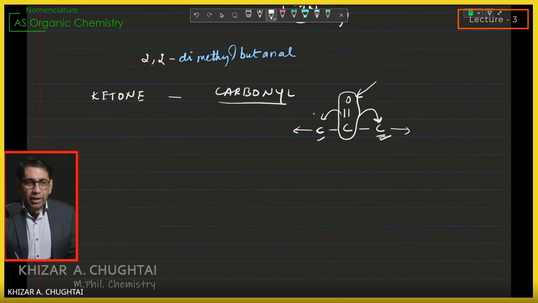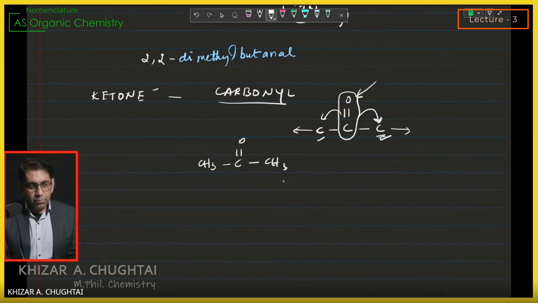Now, how to give the name of a ketone? For example, I have the simplest, smallest ketone of the universe, that is this one. Again, the first step is quite similar: select the longest chain of carbon atoms. Then you will mark the numbering.